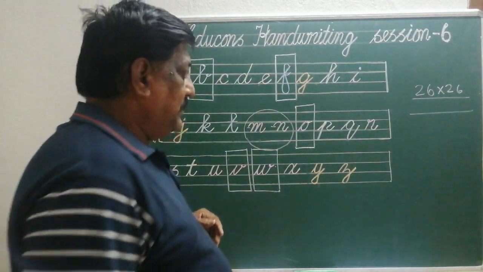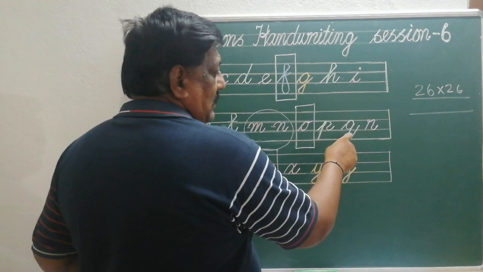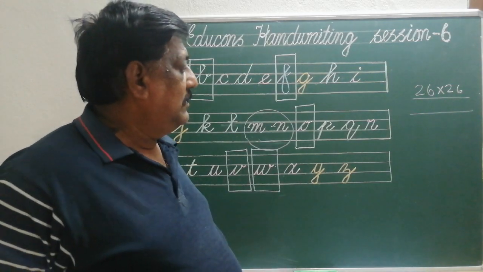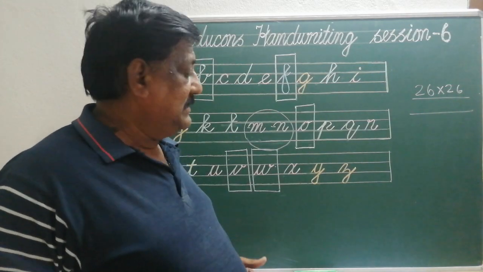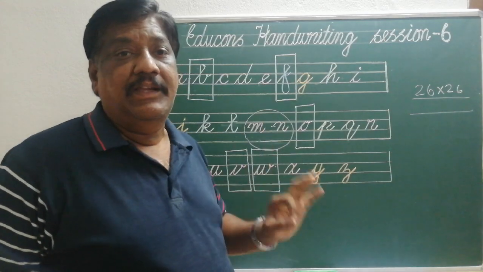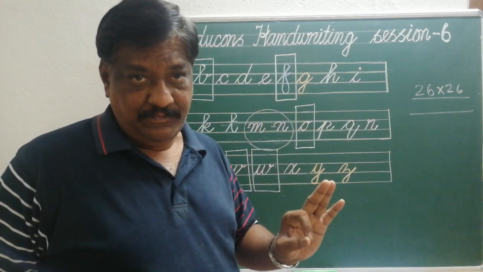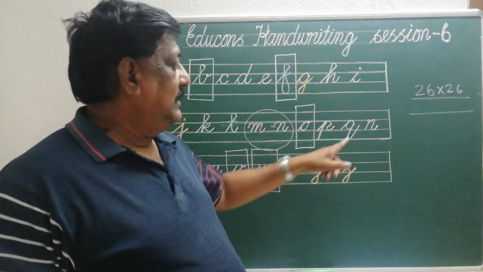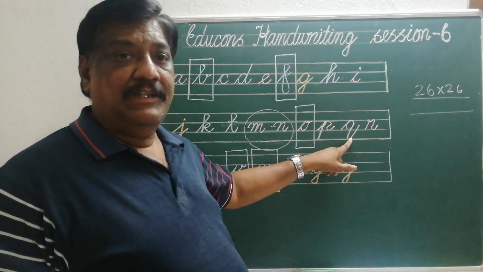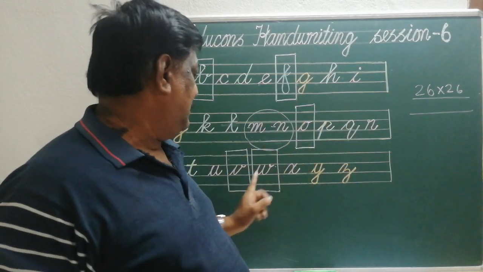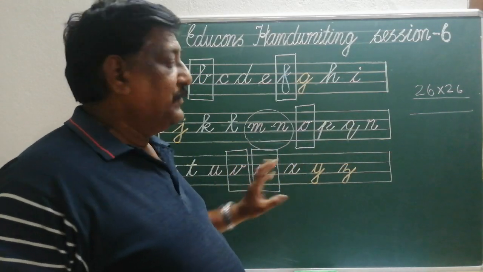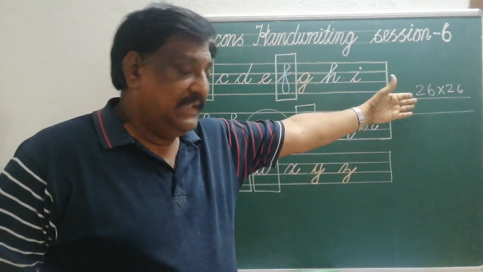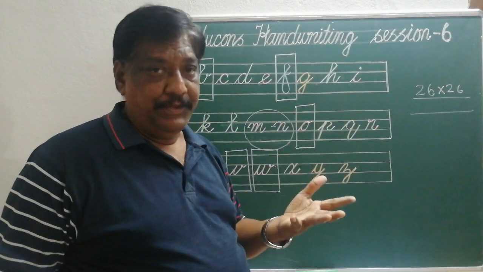Say for example, for letter Q, you might have learned this from your lower classes. The letter Q is always followed by U. Q, U. You cannot find any letter after this Q with any other letter except U, right? So the number of possible joints are this much, but actual joints may reduce, right?